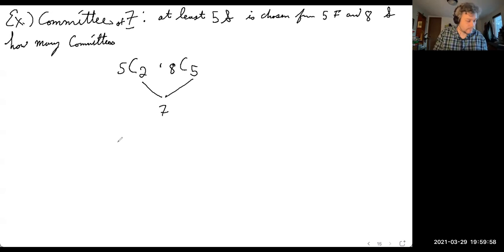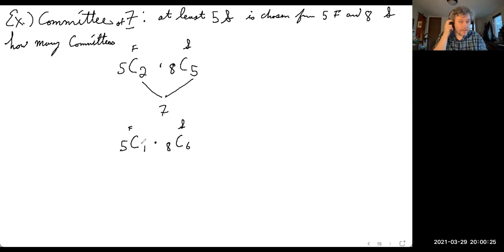Hopefully that makes sense. The other option we could have, since it's at least, it has to be 5 sophomores and up, you could just have, this is freshman, 5 choose 1 times 8 choose 6. Okay, these are the sophomores. There's no restriction that says that we have to have any freshmen at all.